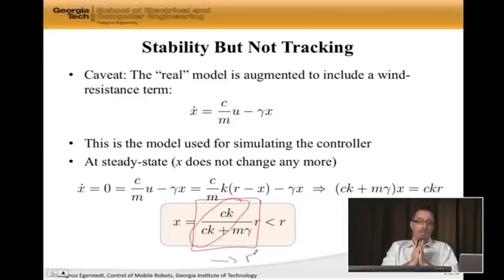So as k becomes bigger, we're getting closer to r, which means we're having a stronger gain, but we're never, for any finite value of the gain, going to actually make it up to the reference. So something is lacking, and next time we're going to see what it is that is lacking to actually achieve tracking and stability.